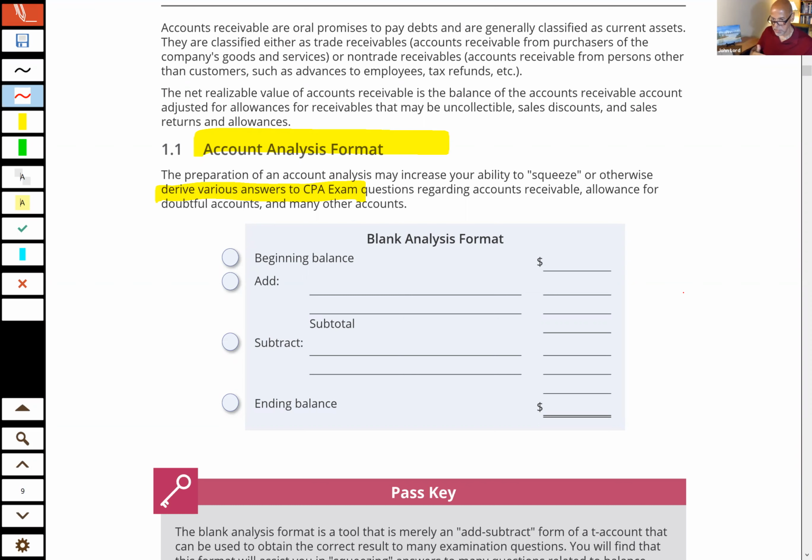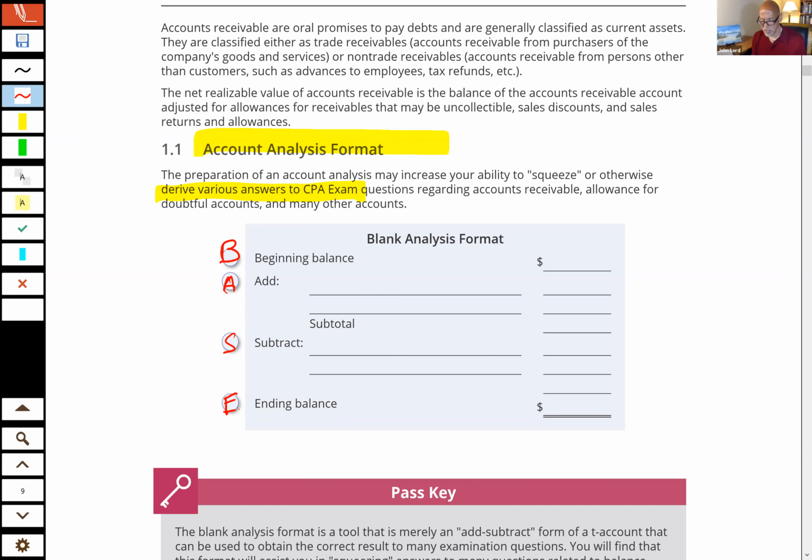And you can't use T accounts to work backwards. You want to use this blank account analysis format. Anytime you get a question, and if they ask you the ending balance, that's kind of a generous question. You can still set it up like this. That means they have to give you the beginning, the adds, the subtracts, for you to calculate the ending balance.